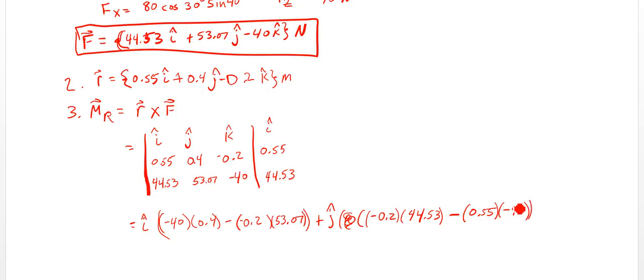And then finally our k component, plus k times 0.55 times 53.07 minus 0.4 times 44.53.